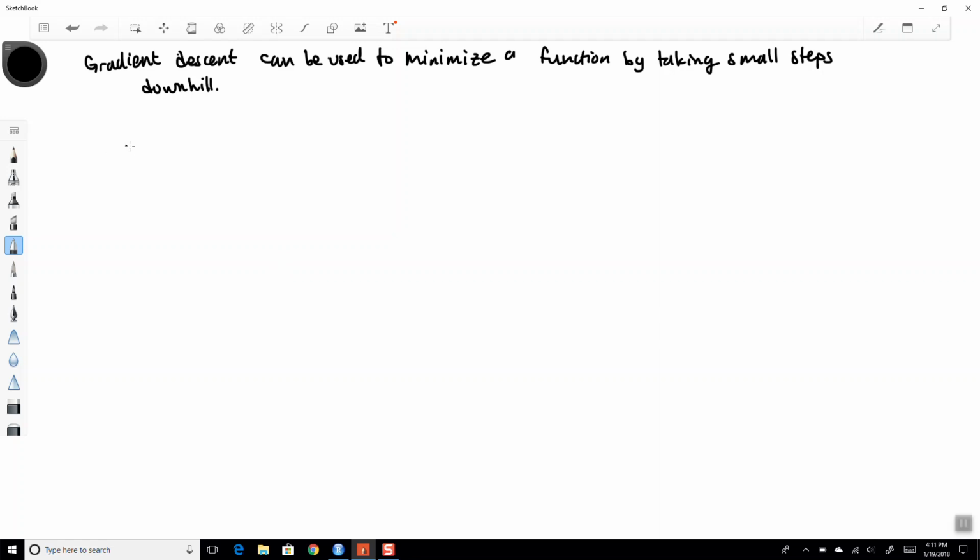Now we will make the function a little more complicated, another application of gradient descent. And this will be neural networks.